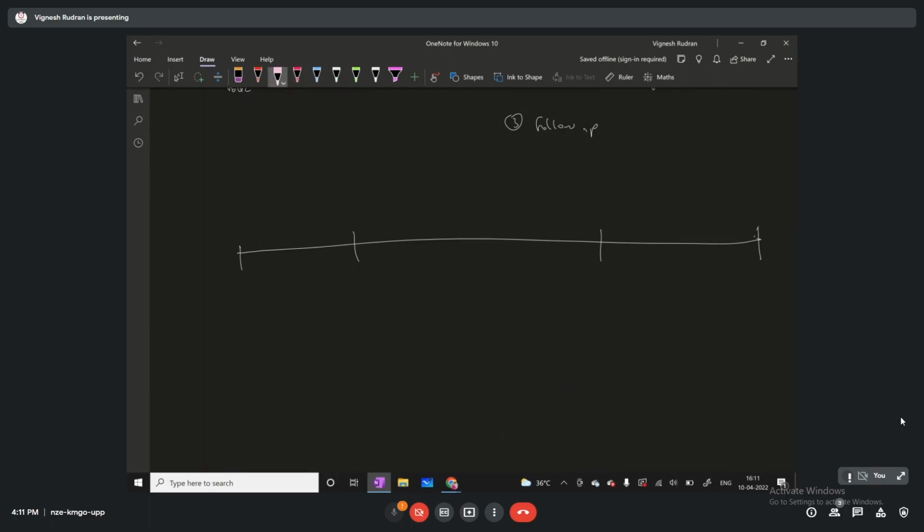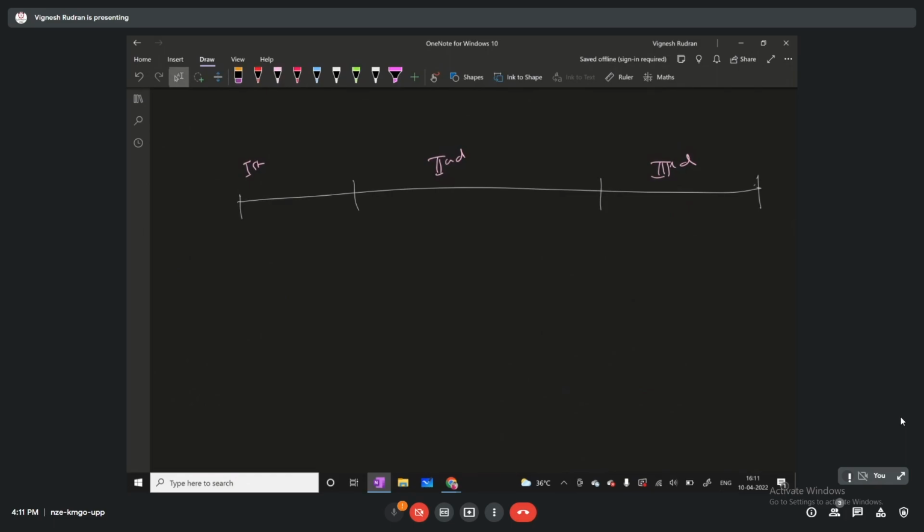You split it into your first trimester, your second trimester, and your third trimester. This is one way to split it, and I'm covering a little bit of practical aspects over here. The minimum number of visits is going to be 4 visits, one in each of the first two trimesters and 2 in the third trimester.